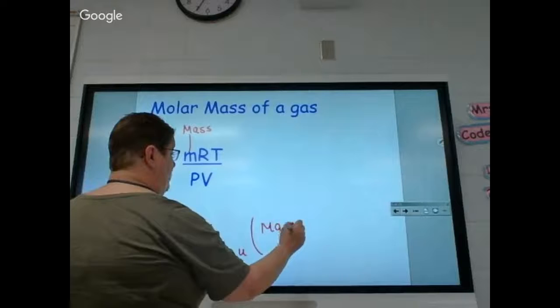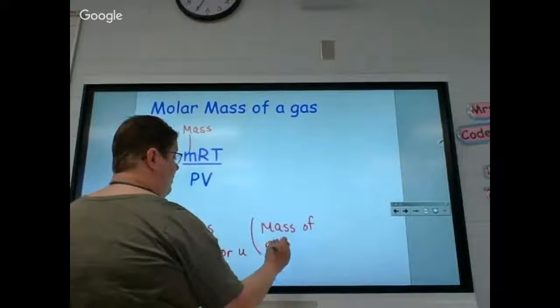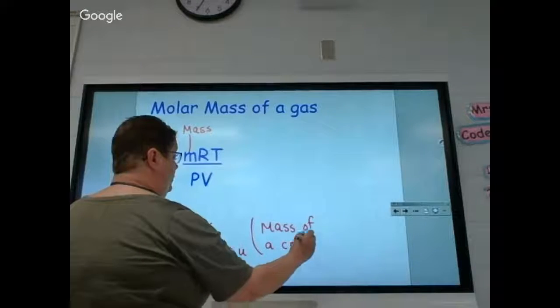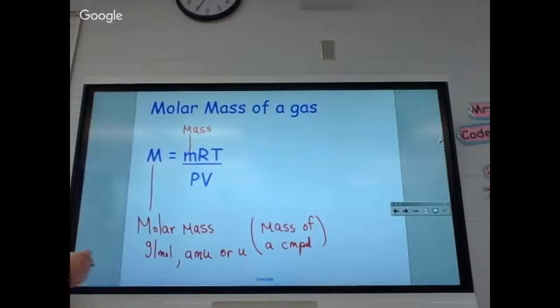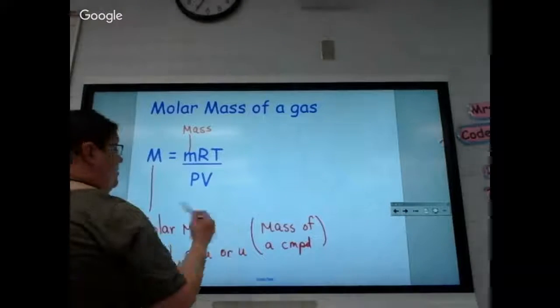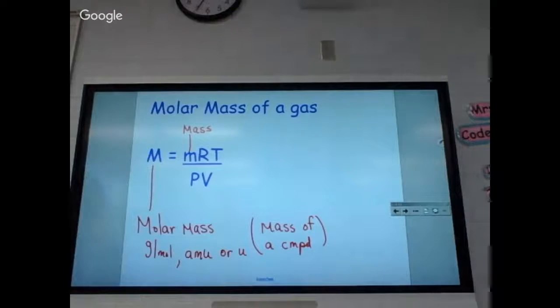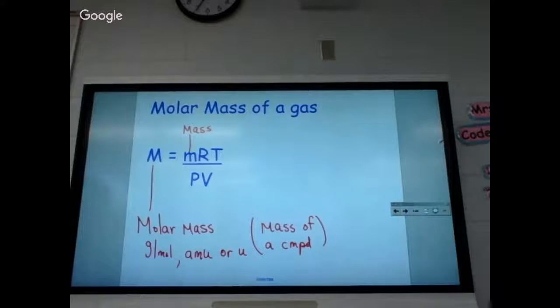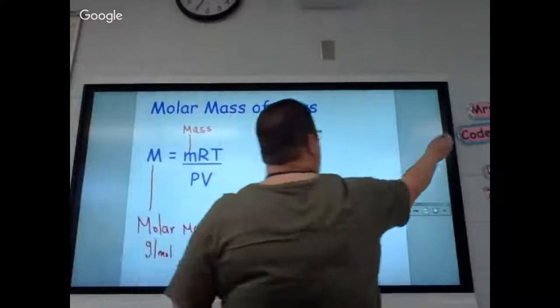This is the mass of a compound. Where have we been getting the mass of a compound? Is what I want you to tell me.